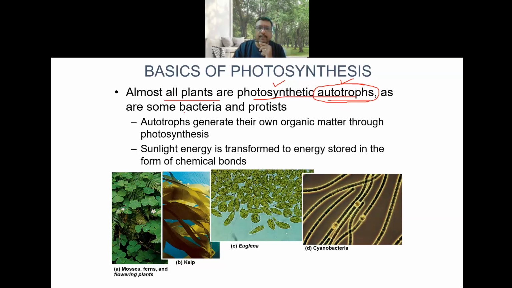And there are a few bacteria and protists also that perform photosynthesis, and they come under this category. Autotrophs generate their own organic matter through photosynthesis, and sunlight energy is transformed to energy stored in the form of chemical bonds. So here the light energy is converted into chemical energy.